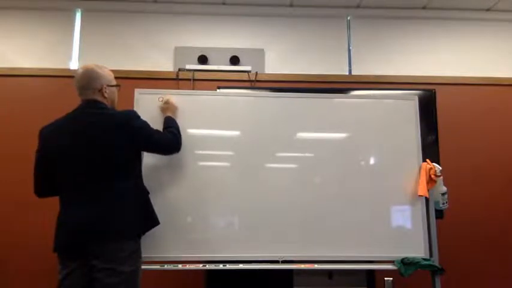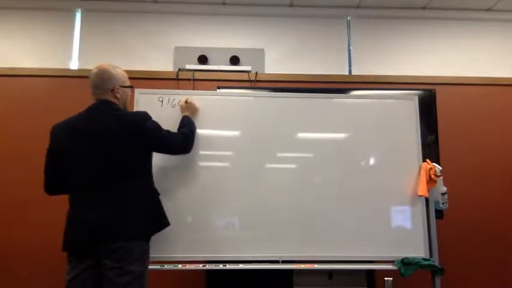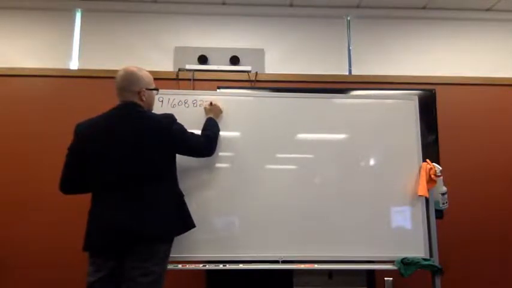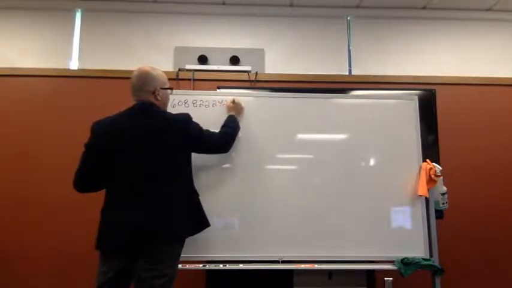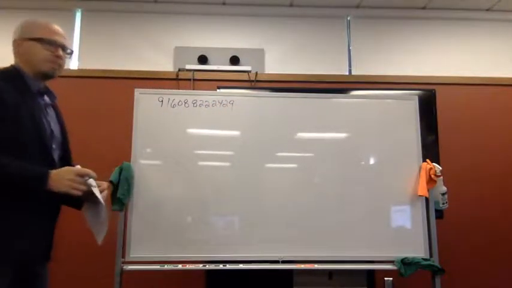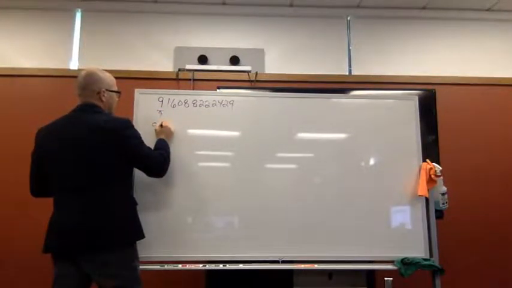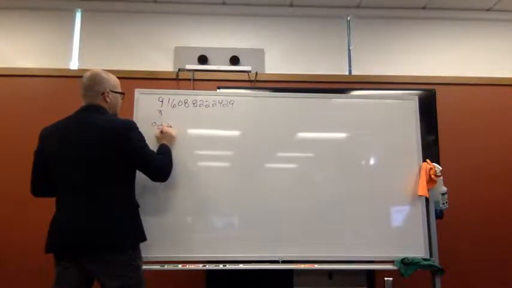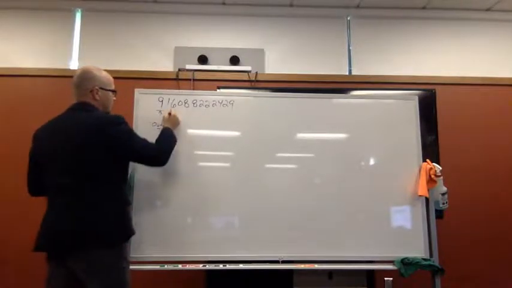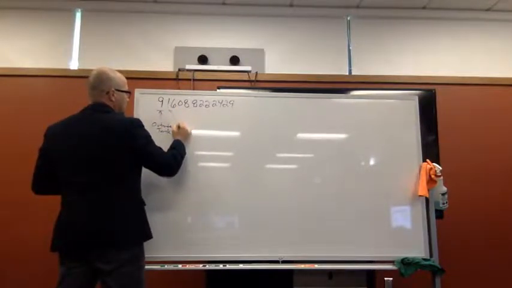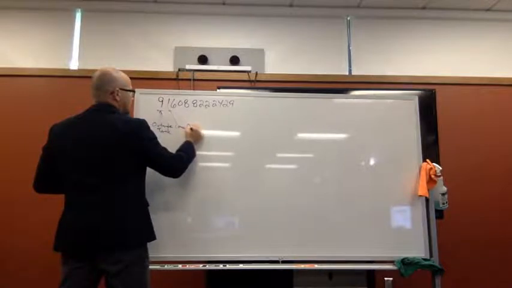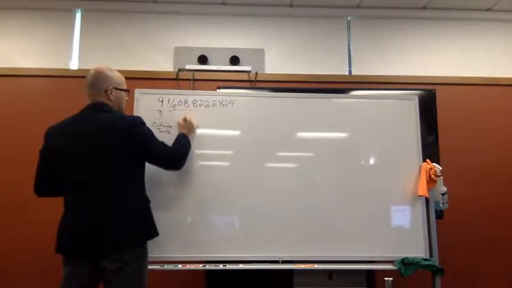So let's say we dial 91608-822-2429, which is my phone number. Okay, 9 is essentially reserved for an outside line or a trunk line. The 1 indicates a long distance number. 608 is the area code.